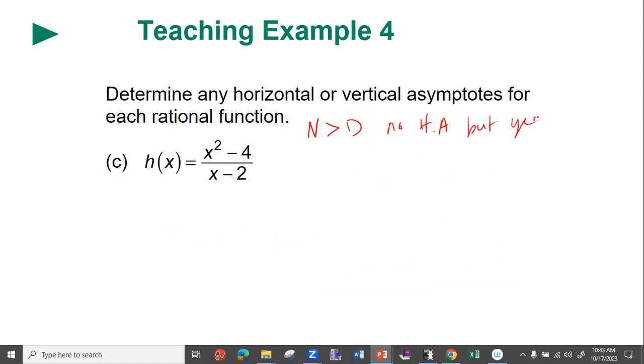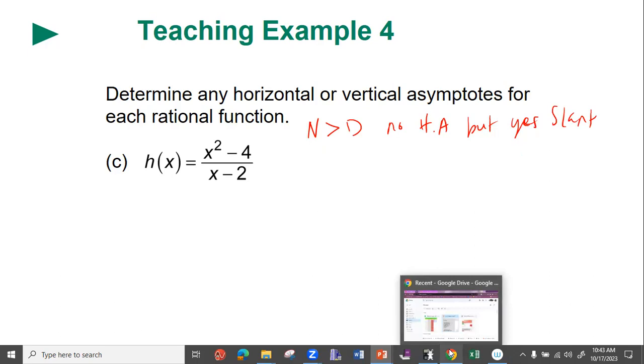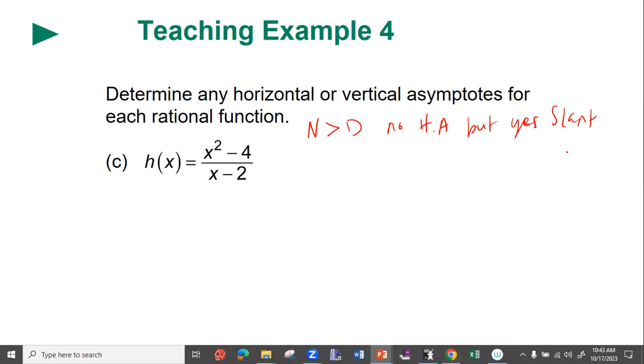But yes to a what? A slant. Okay, we don't have a horizontal, but we do have a slant, which we will talk about a little bit later on how to get by itself. I mean, I guess talk about now. When you have a slant, you have to do long division. That's what that automatically leads to, is long division.